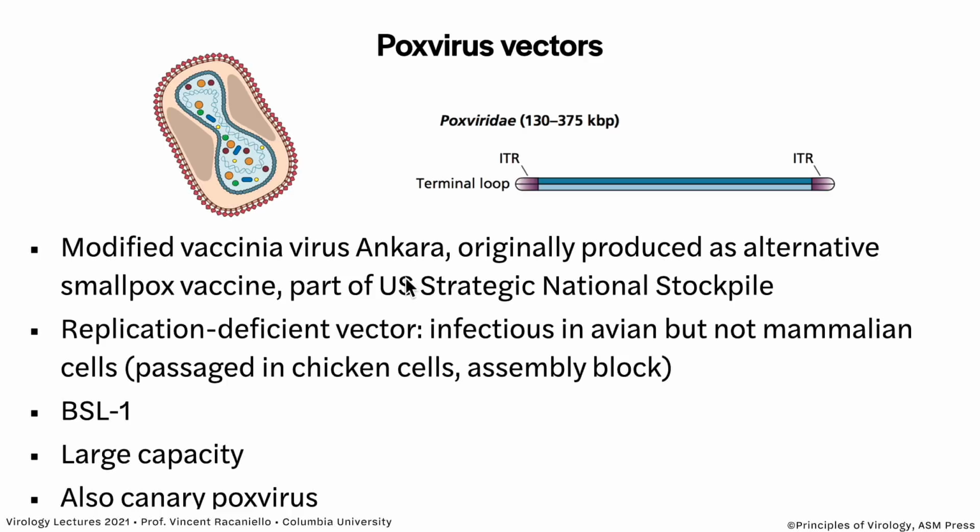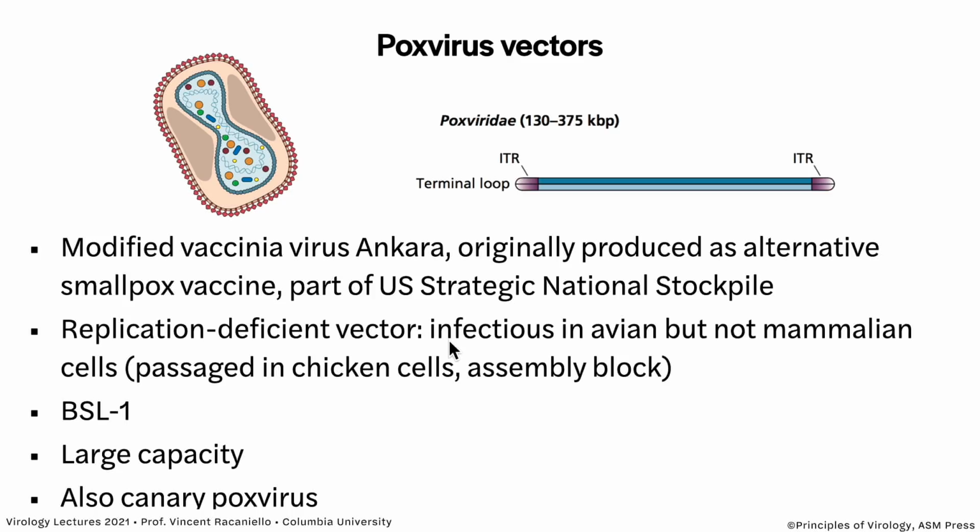And that passage led to the loss of the ability to reproduce in mammalian hosts. But the virus can still get into cells. It just won't reproduce. And it has a broad tropism and has efficient expression of viral genes and transgenes.